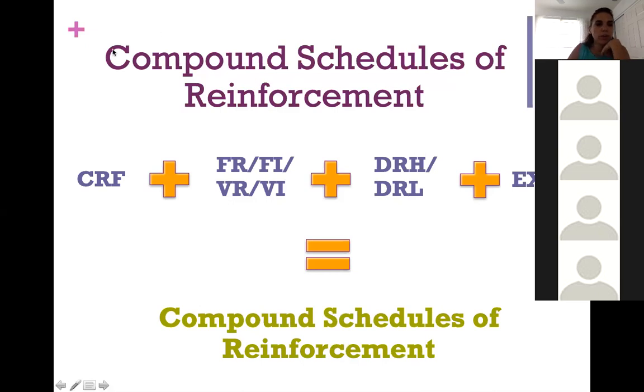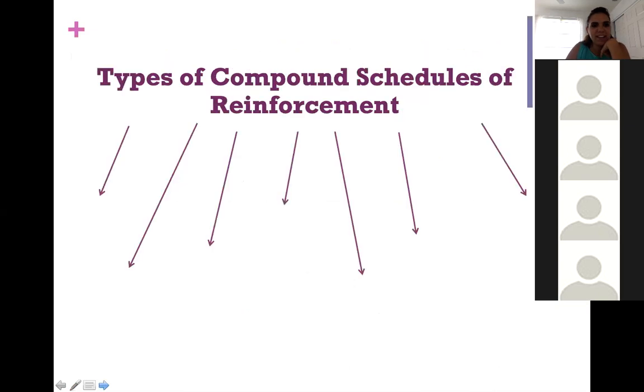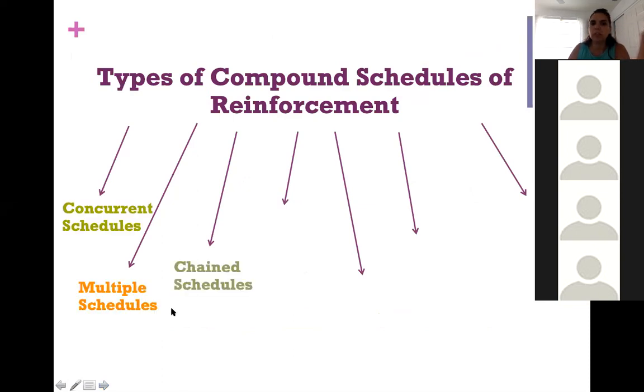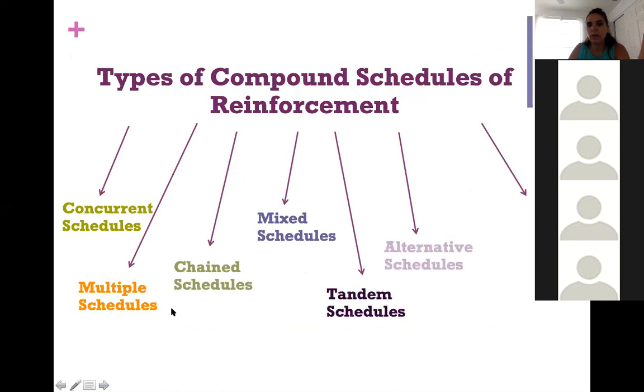That's why they're called compound. So the types of compound schedule of reinforcement, like you said, we have concurrent schedules, multiple schedules, chain schedules, mixed, tandem, alternative, and conjunctive.